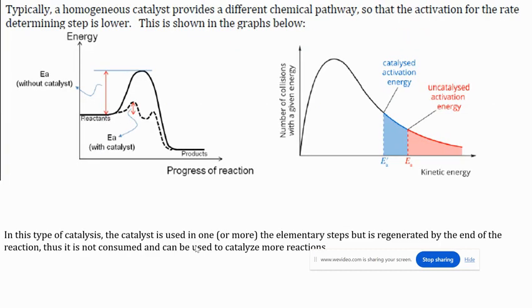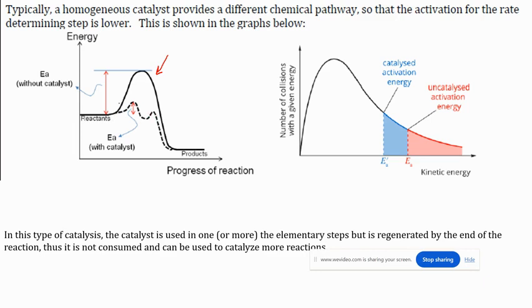Okay. Now, what a catalyst can do, and often does, is it will take a reaction that would normally happen in one step with a very high activation energy. It'll turn it into a 2-step reaction.